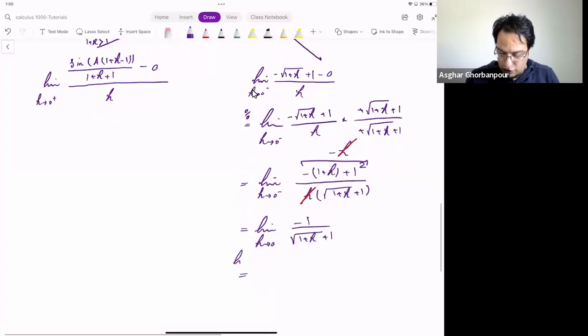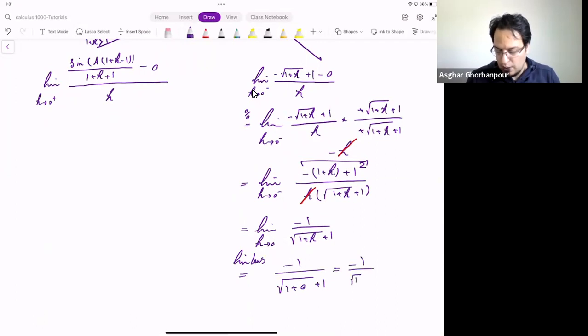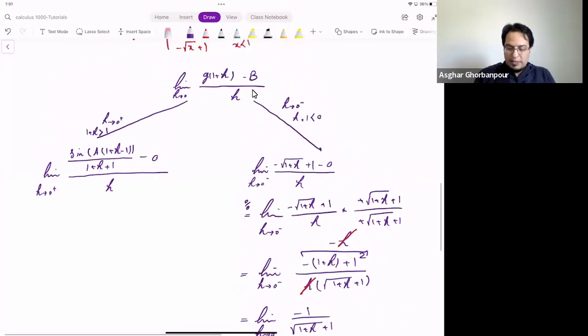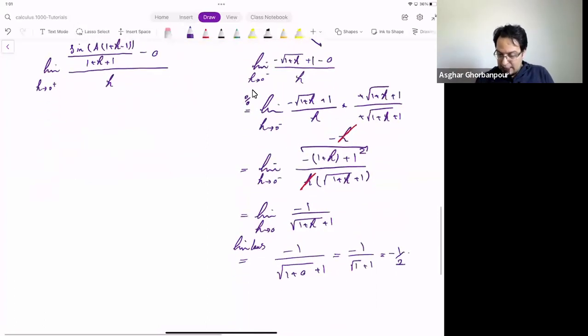As h goes to 0, limit laws say that we have negative 1 over root of 1 plus 0 plus 1, which is negative 1 over root of 1 plus 1, and that's negative 1 over 2. Remember that we are trying to find this limit here. So I found the left limit, it's negative half.